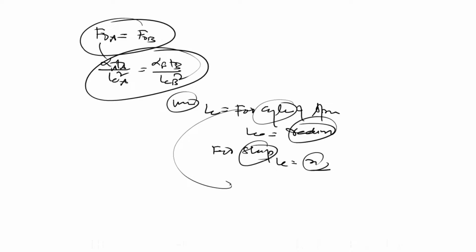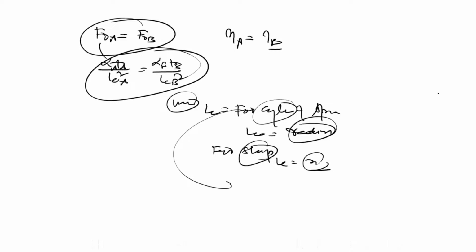Any problem? Because if you equate eta A equal to eta B, the equation has X, the distance of the point. Yes, the same X is there. X is the variable position where we want to find out the temperature.